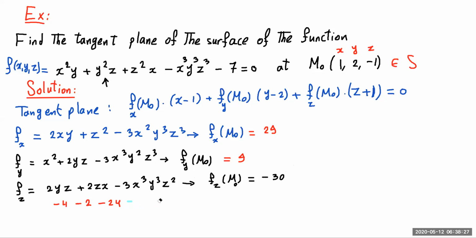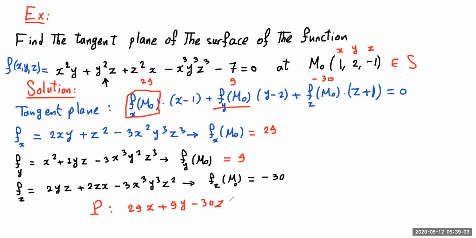Now, finally, what is the equation here? Let's write in red that this term here in the beginning, the answer is 29. And this term here is 9. And here minus 30. So the equation of the tangent plane, let's write the final answer here in red. So it's 29x plus 9y minus 30z.